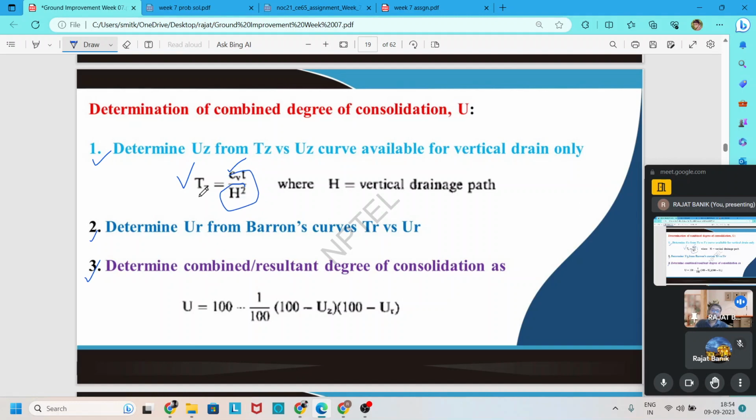After that, this formula is used for vertical drainage. For radial drainage, we use Barron's curve, which was already discussed.